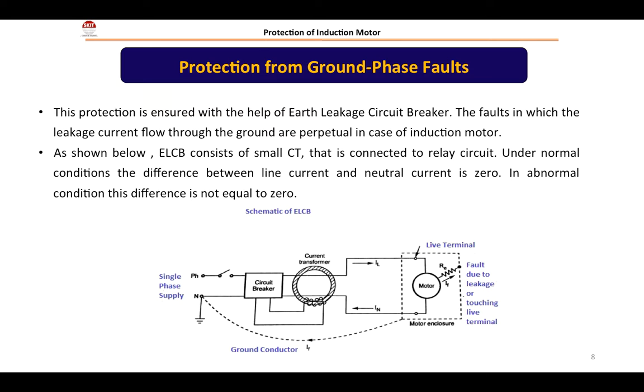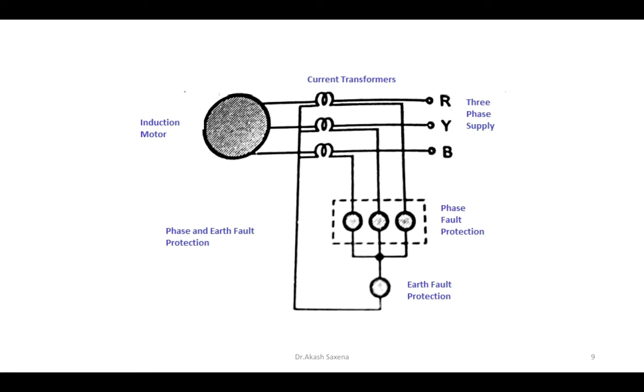In case of earth fault, to avoid burning of coils and stampings of the motor, it must be disconnected from the supply as quickly as possible. Now, this is the earth fault protection diagram. Here we can say that for these CTs, the phasor sum of the currents from the RYB phases will be equal to 0, and in normal condition there will be no current from the neutral, and if the ground is not involved, the current will be equal to 0.